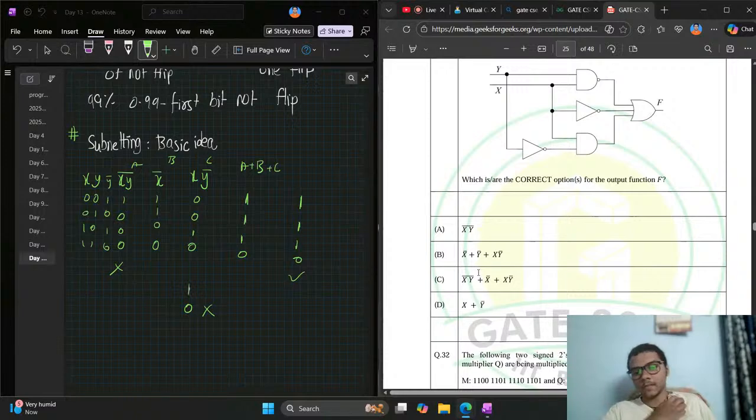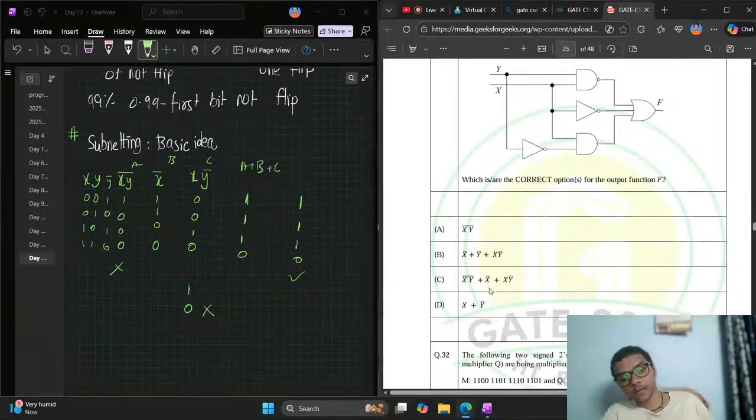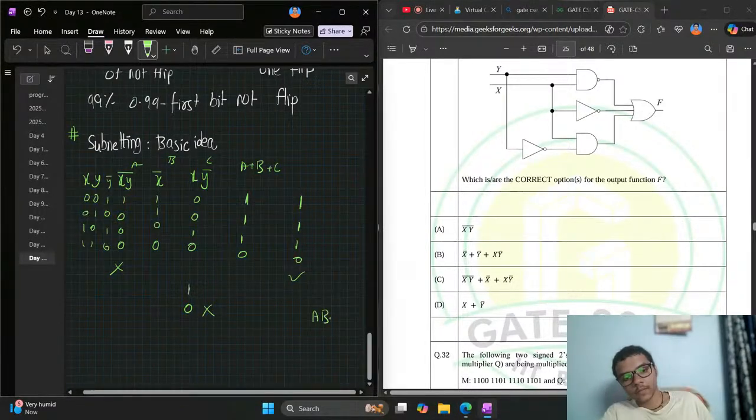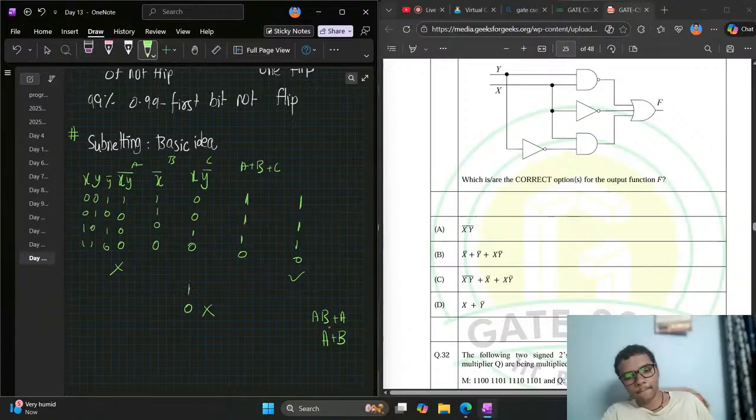If you know absorption law, AB plus A can be written as A plus B maybe. If A is false, AB is going to be false as well.